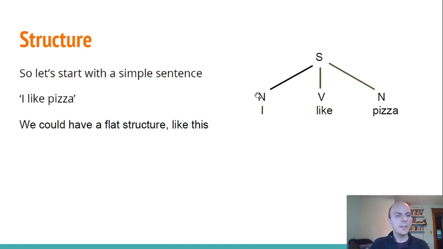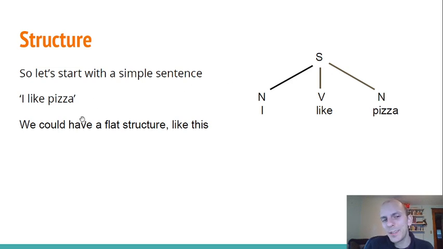So we have a simple sentence like this, I like pizza, and we're going to divide it into these morphosyntactic categories like we just saw here, nouns and verbs, and we're going to say that they're all hierarchically under a sentence. Here's a sentence, and it's got three parts, a noun, I, a verb, like, and a noun, pizza. All making up this sentence.